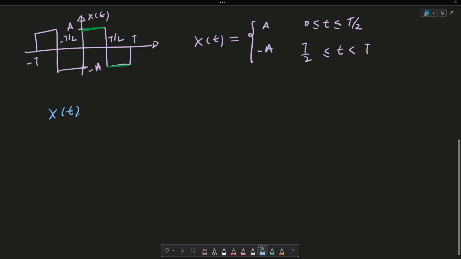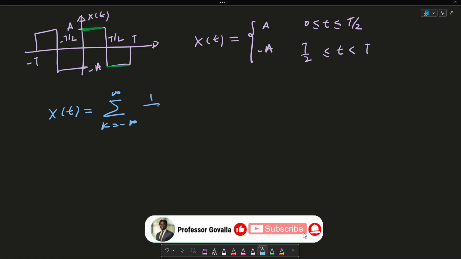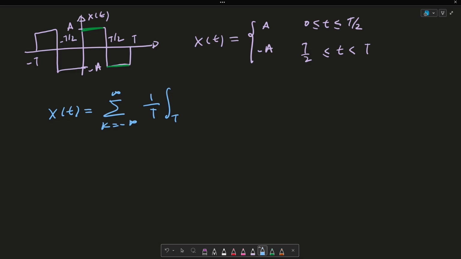I could say that x of t is equal to, and I'm going to write out the entire thing, the sum of k equals minus infinity to infinity of this ck, but what this ck actually is, 1 over the fundamental period, integrated over 1 period, x of t e to the minus jk omega naught t dt, and then multiplying all this by e to the jk omega naught t.